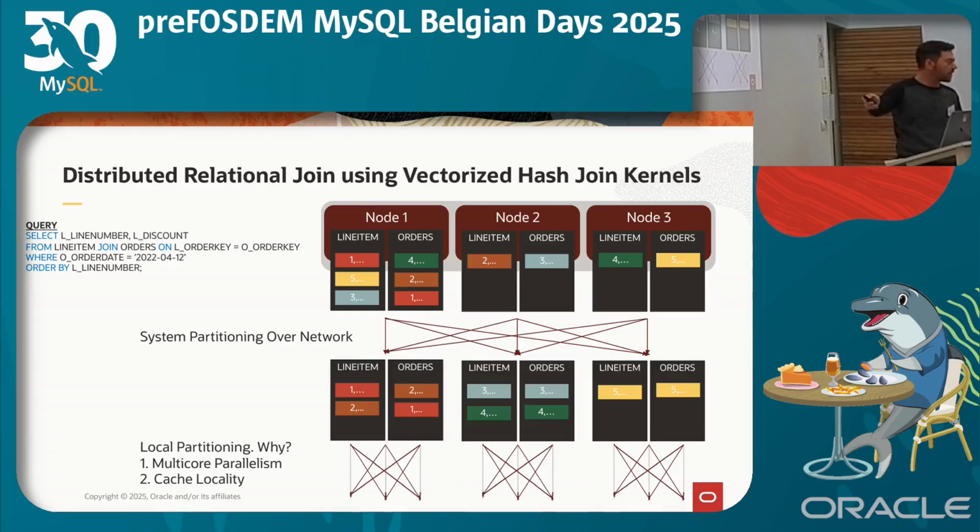Basically, using the same hash function, you first shuffle your data across the cluster compute nodes. So whatever you shuffle, you are sure that the resulting partitions after system partitioning end up in the same compute node. Now, once you are within the compute node, you execute the algorithm that I just showed, and everything is now on the same machine.